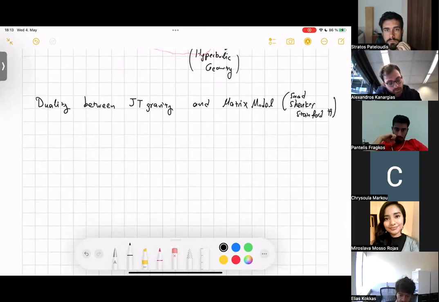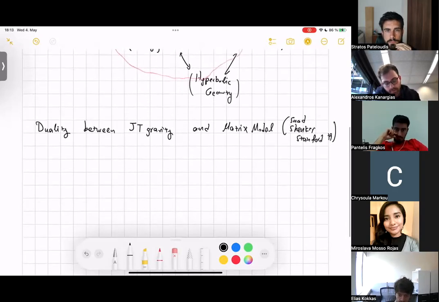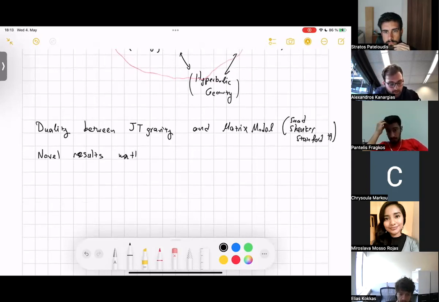The nice thing about this story is that it incorporates novel and very important results in mathematics, specifically the work by Mirzakhani.